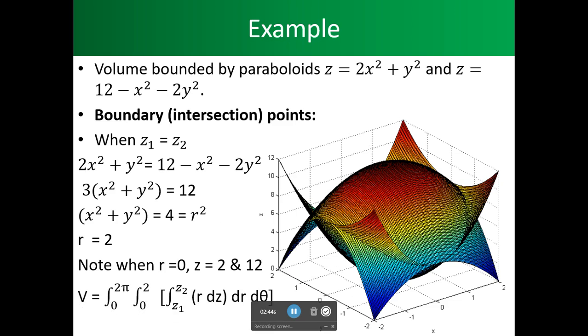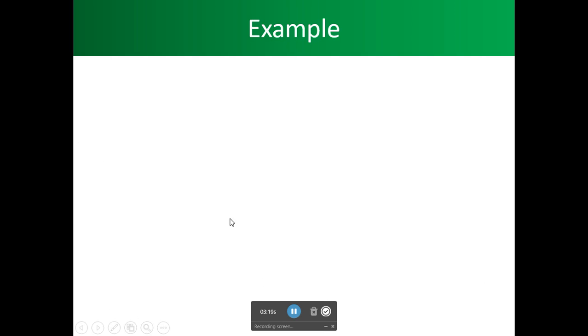And we have 2 points for R. So for dz, z1 to z2, we have R going from 0 to 2, as we found out. And we have the angle, it goes from 0 to 2 pi, a complete circle.